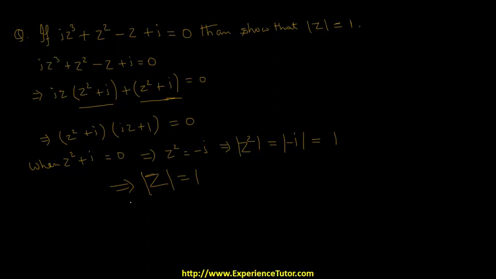And when this part is equal to 0, then we can write iz is equal to −1 and z is equal to −1 by i.